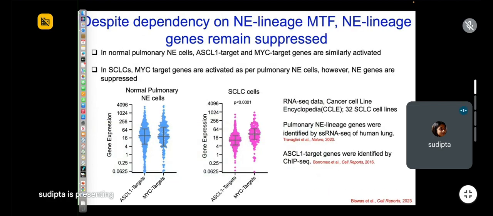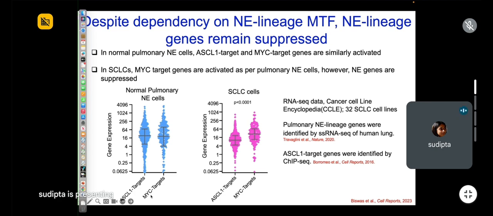So now we focused on the neuroendocrine lineage gene expression as well as the replication gene expression. There I showed ASCL1 and NEUROD1. These are two main key transcription factors that regulate neuroendocrine differentiation, pulmonary neuroendocrine differentiation, I should mention that.